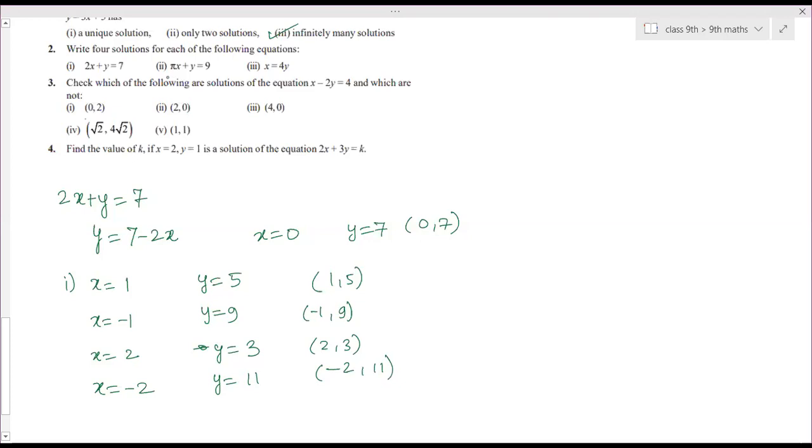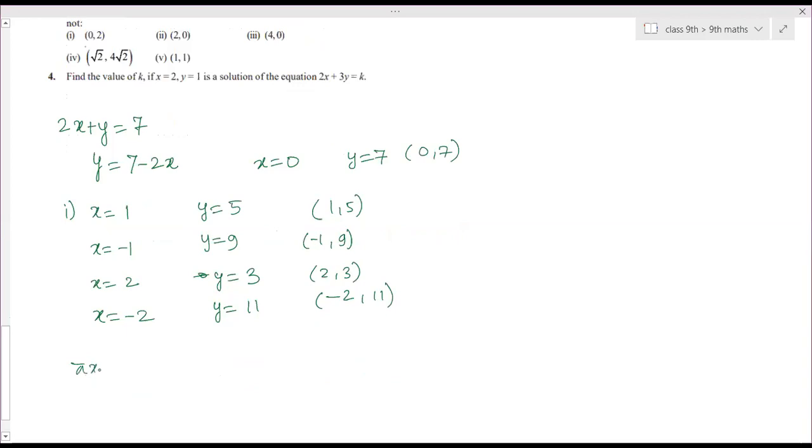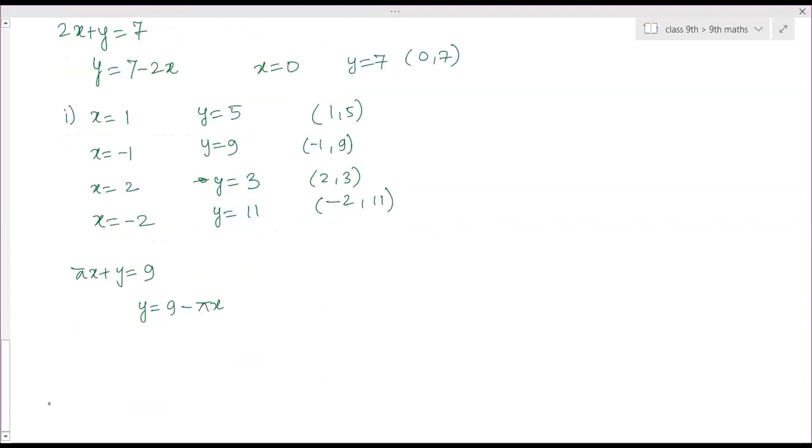Fine. Now here pi, you're not substituting the value of pi. You keep it in terms of pi only. Don't substitute the value of pi. So you have pi x plus y is equal to 9, so y is equal to 9 minus pi x. Find the answers in terms of pi. Take x is equal to 1, 2, 3, 4.